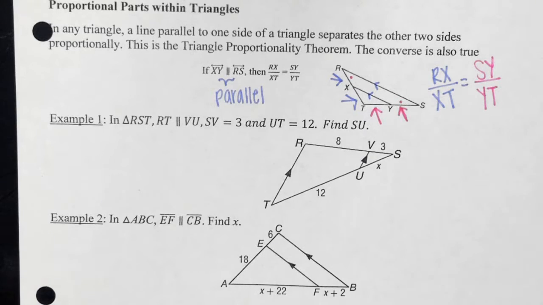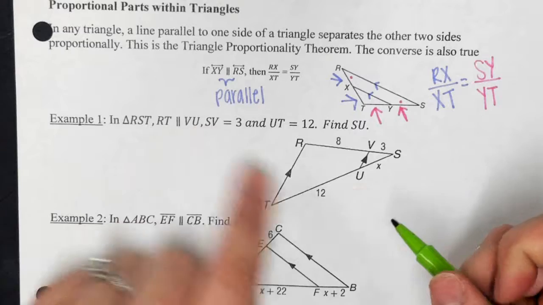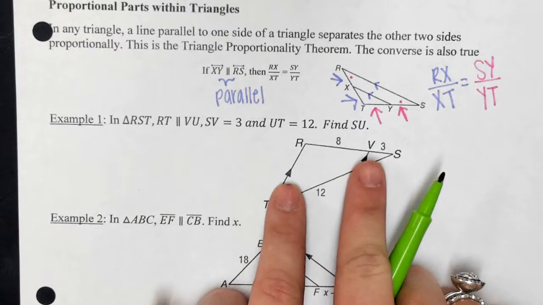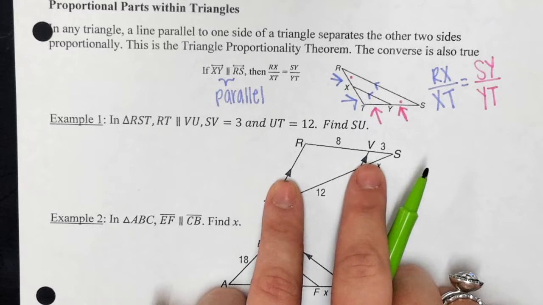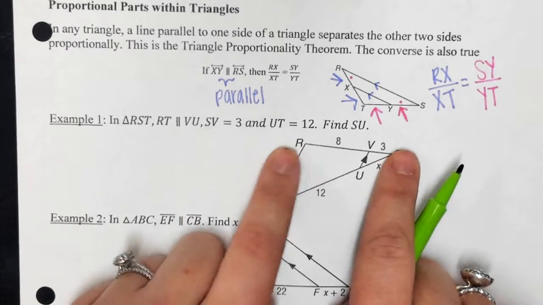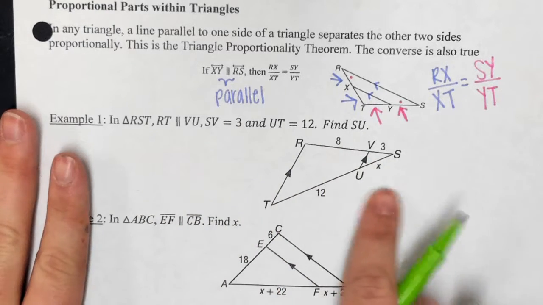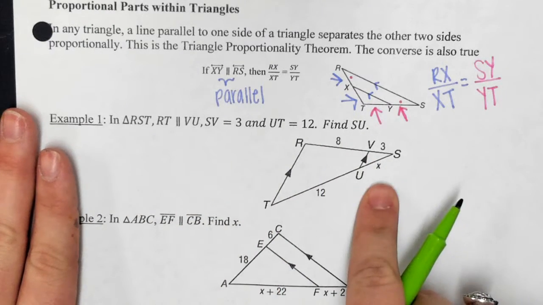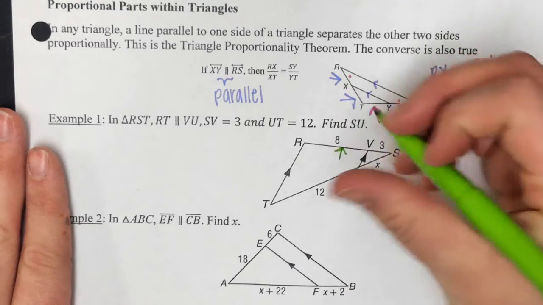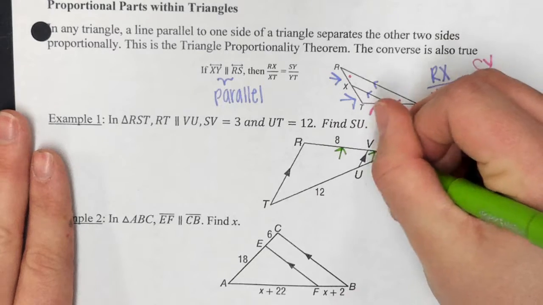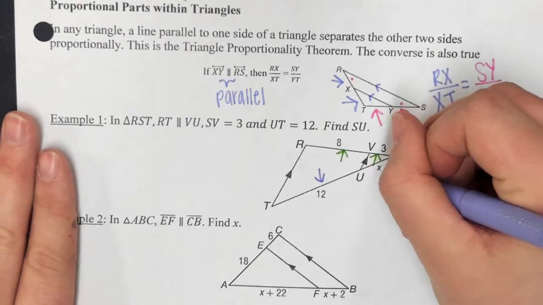Okay, let's do example number 1. In triangle RST, RT is parallel to VU. That's what those little arrows mean, right? That means they're parallel. So if SV is 3, UT is 12, and RV is 8, I need to find SU. So they're parallel, which means this side is proportional to this other piece right here, and this one goes with this one.